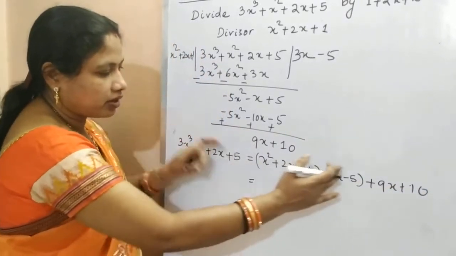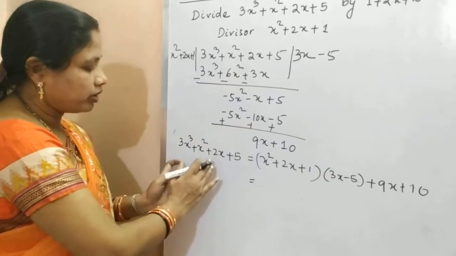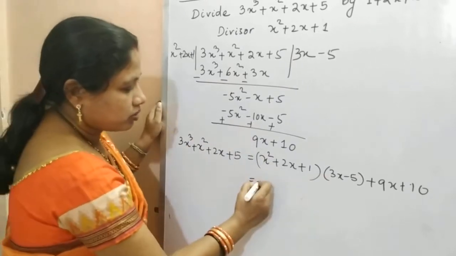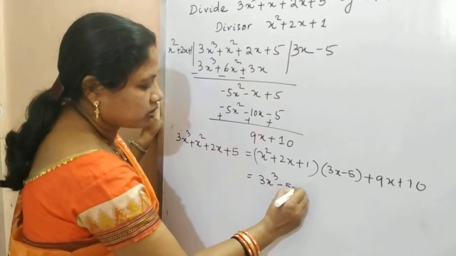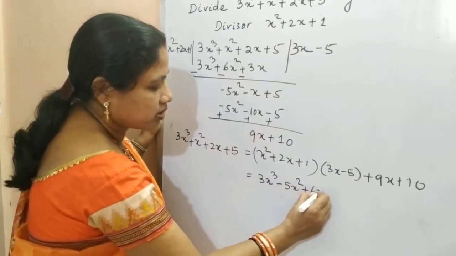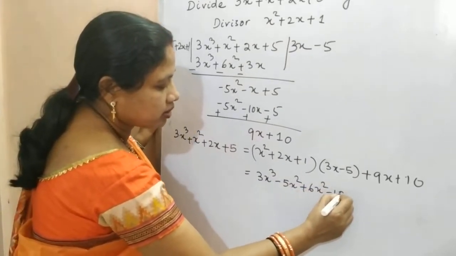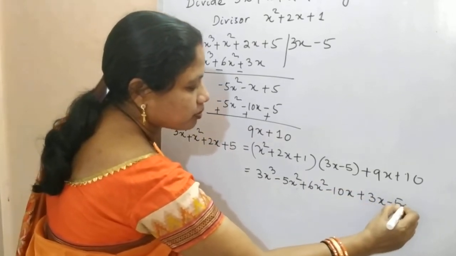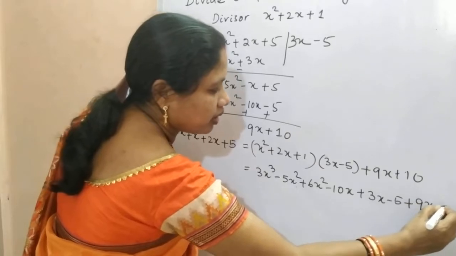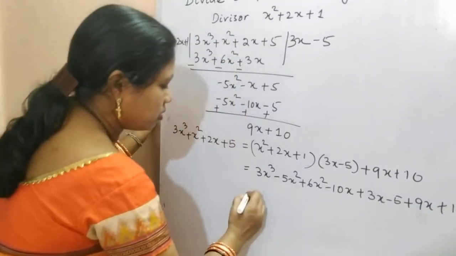So we have to verify whether the right hand side will be equal to left hand side or not. So this is 3x cube minus 5x square plus 6x square minus 10x plus 3x minus 5 plus 9x plus 10.